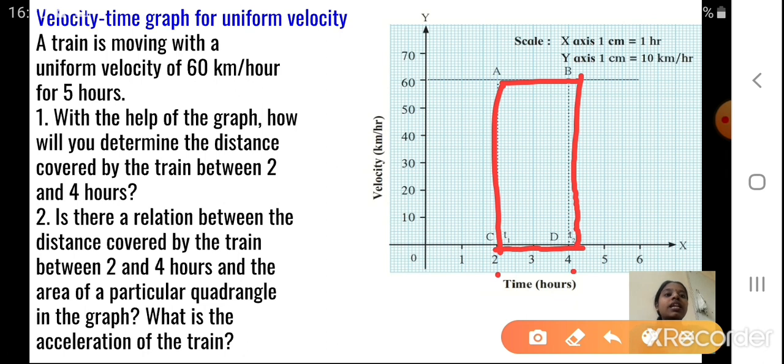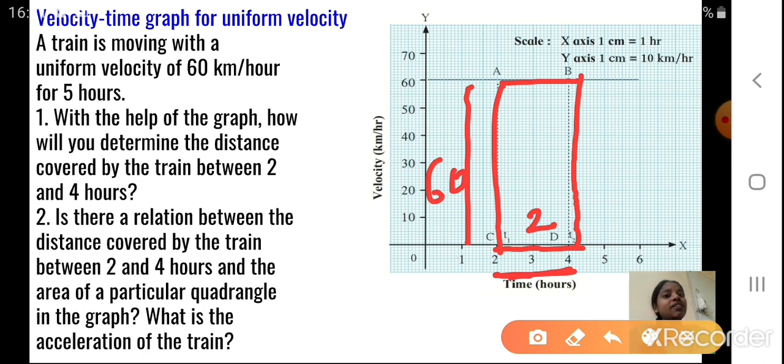Okay, students. Now we have to find how much distance is covered. Velocity is 60, means this part is my 60. Okay, means my length is 60. Yes, and how much is the difference? This is my breadth, 4 minus 2 is 2. So my breadth is 2. So can I find the area of this rectangle with the formula length into breadth?